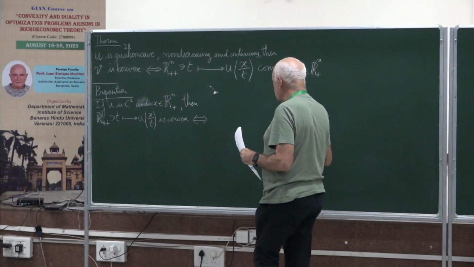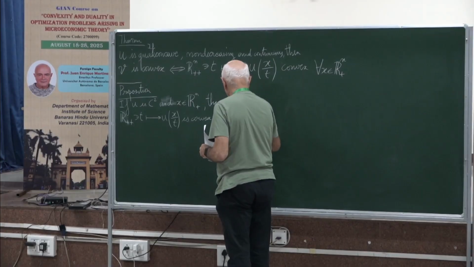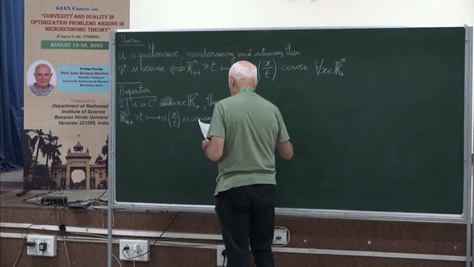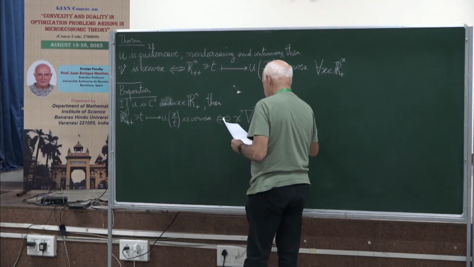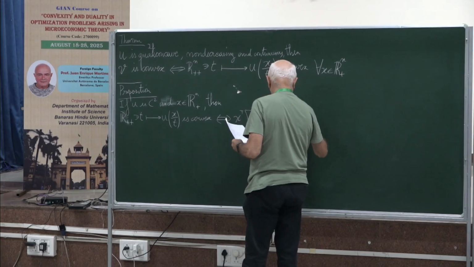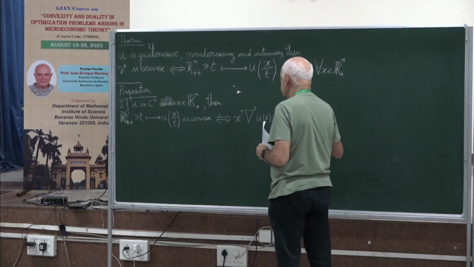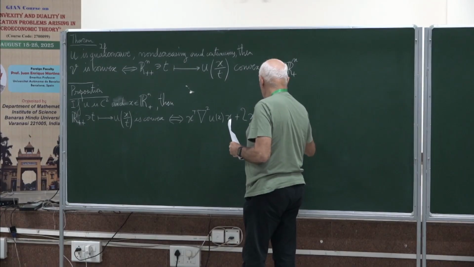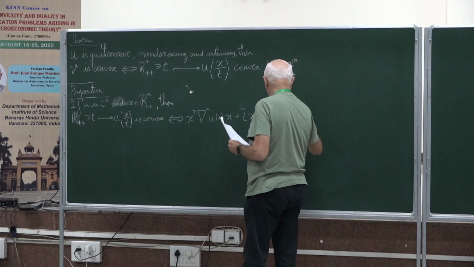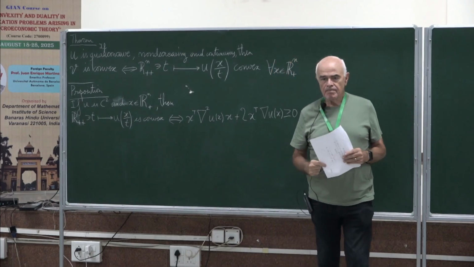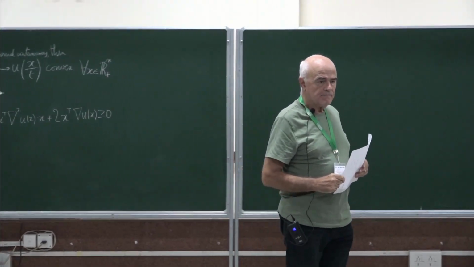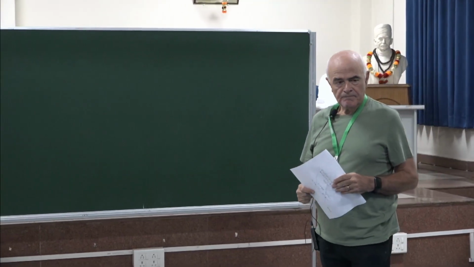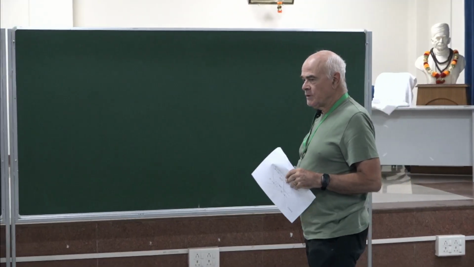Simply that x transpose Hessian of u of x times x plus 2 x transpose gradient of u of x is greater than or equal to 0. That's the property. Okay? And the proof is simple.